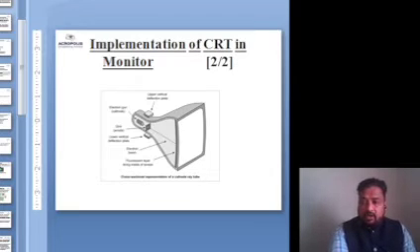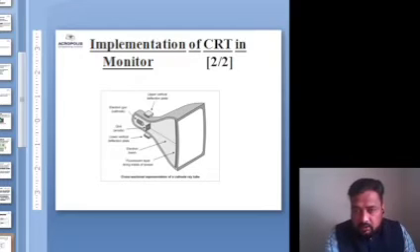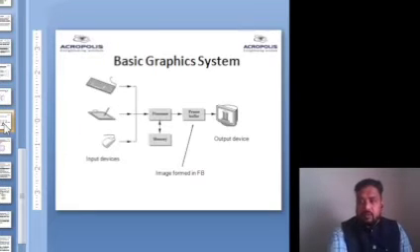As I already told you, this is the position of the CRT in the monitor. Each and every monitor has a CRT. This is the basic graphic system that will be required for displaying an image.